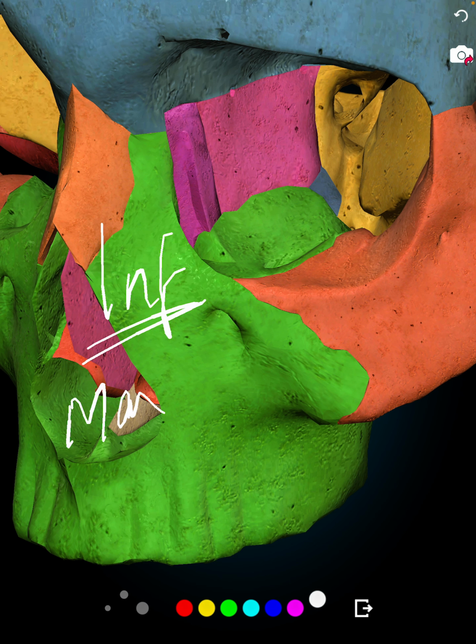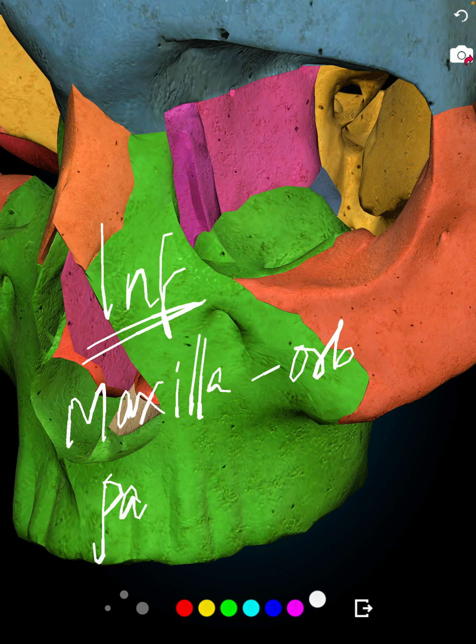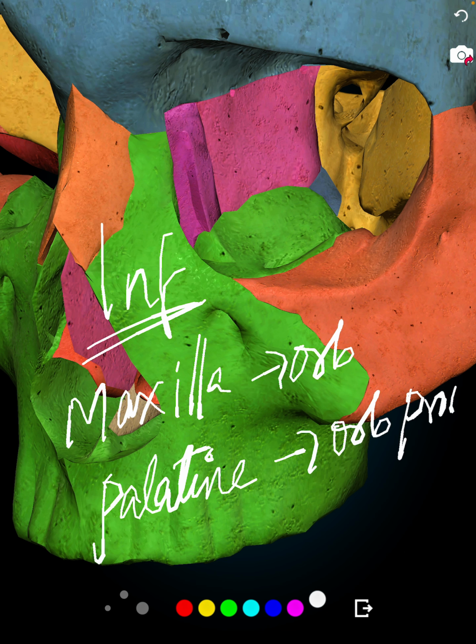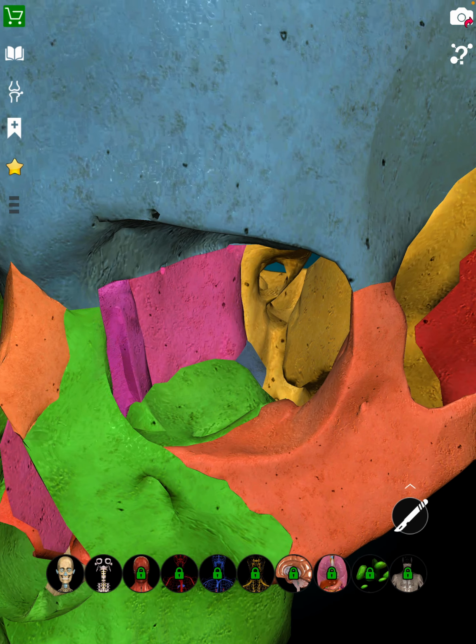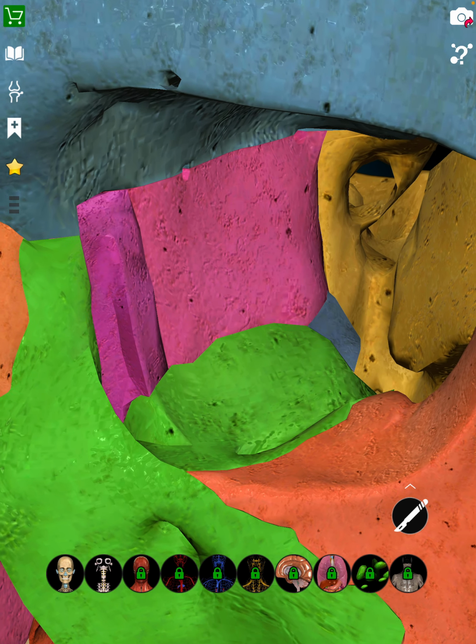First, you have the maxilla, orbital surface, and then you have the palatine bone, again orbital process. Okay, so that is the inferior wall. Now, what wall is left? Only one wall is left. That is your medial wall.